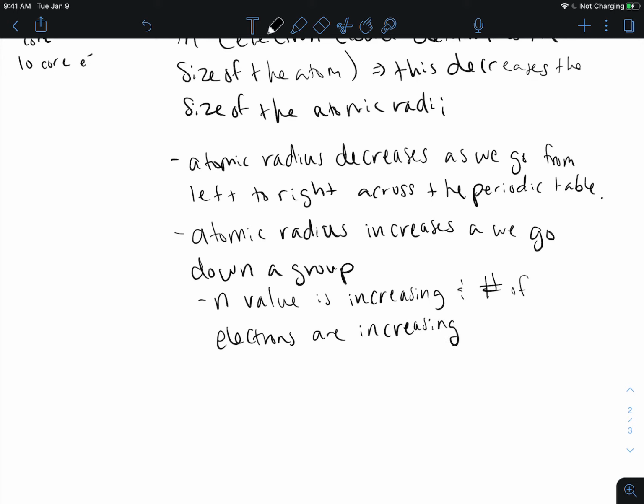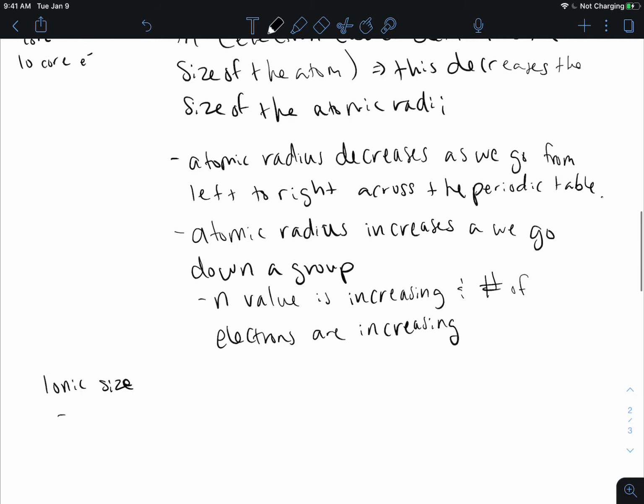Okay, let's real quick look at ionic size. When we're looking at ionic size, we're going to be comparing it to the size of the neutral atom. We're going to say we compare to the size of the parent atom.